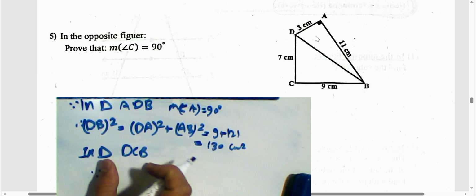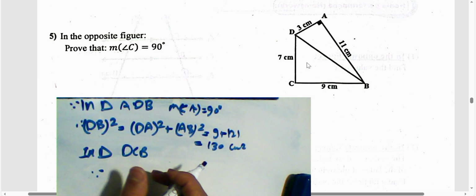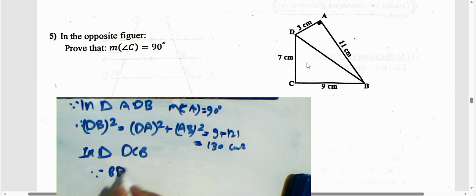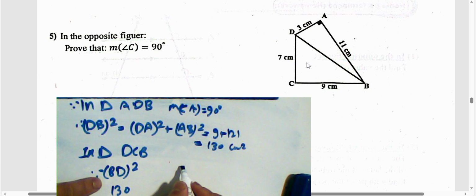Then in this triangle DCB here, look, we compare DB power 2, which we know equals 130, with CD power 2 plus CB power 2. The sum of them is 7 power 2, 49, and 9 power 2, which will be 81.